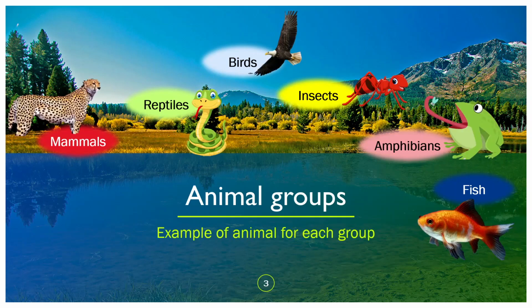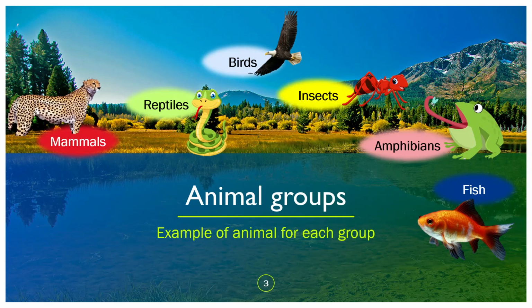And here we are. I put cheetah here for mammals, and for reptiles, I put snake there. But I don't put the real snake because I don't really feel comfortable with a real snake as an image.